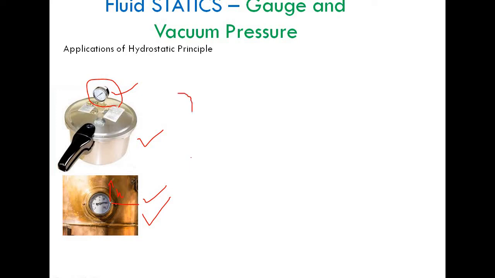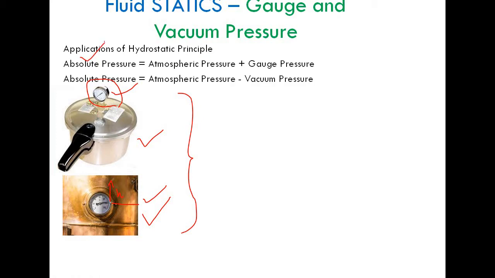In both these cases, we are measuring pressure, one by using a Bourdon tube pressure gauge, the other using a pressure gauge connected at the side of a vertical tank. Both apply the hydrostatic principle, that is P equals rho g h.